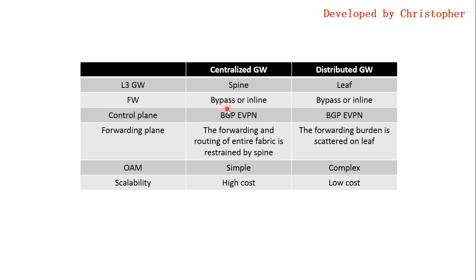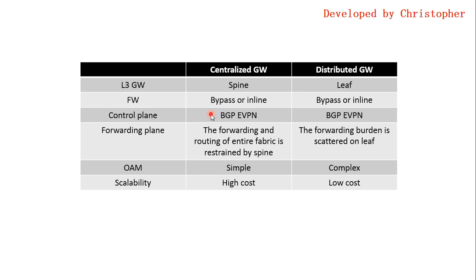Bypass is not inline. Inline means direct connection with each other, and then the firewall connects to the outside. And bypass means the firewall is on the side. The traffic will detour to the firewall and then back to the spine, back to the switch, and then go out.